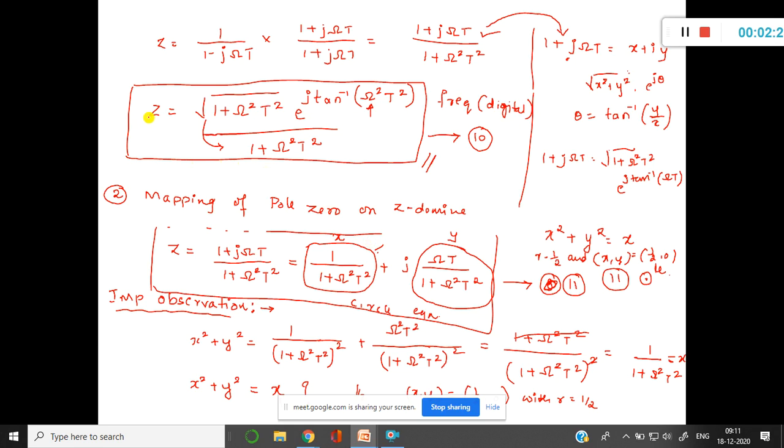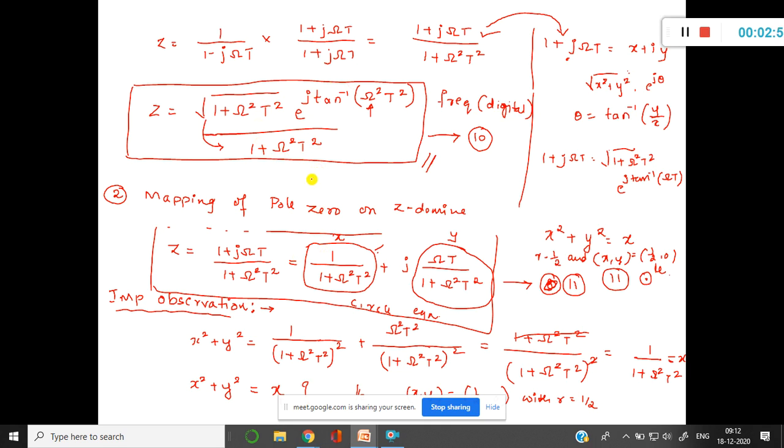So this equation, Z is equal to square root of 1 plus omega square T square divided by 1 plus omega square T square, into e to the power of j tan inverse of omega T, is nothing but the equivalent digital frequency.